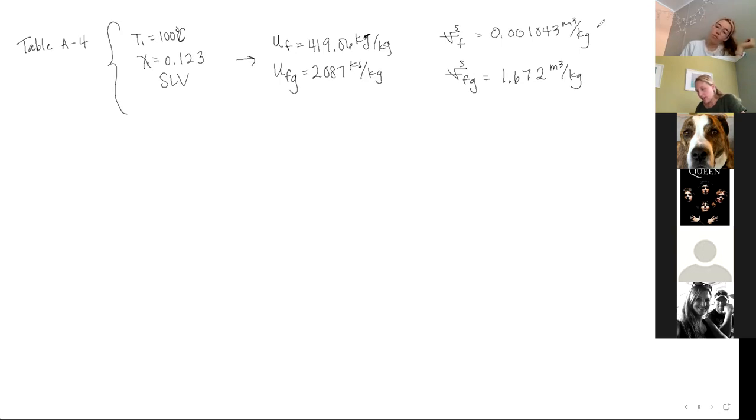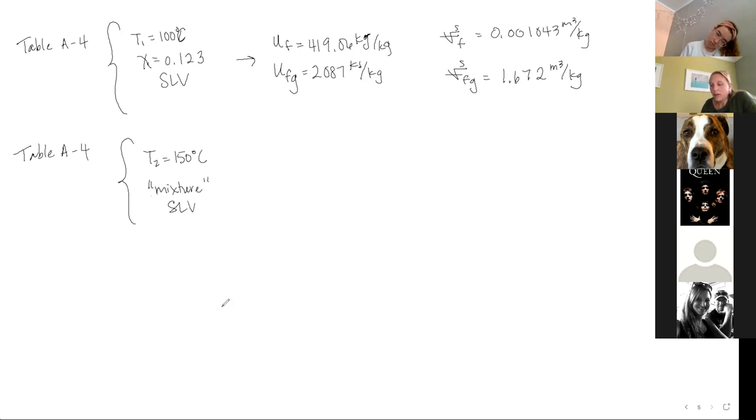Okay, so I can go to the same table, table A4. And this time I'm at a T2 of 150 degrees Celsius. And I know that I'm still a mixture. That's what it tells me. The mixture is heated until 150 degrees. And so I'm still a saturated liquid vapor mixture.